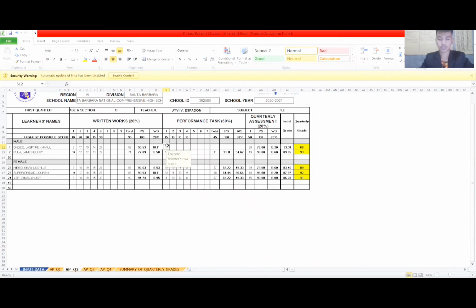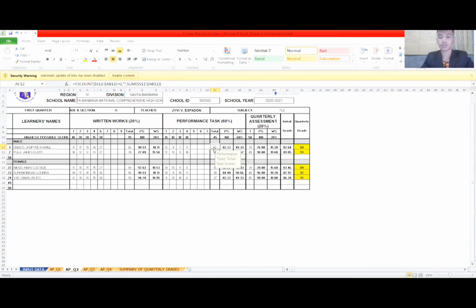So here in the performance task, we have 4 tasks. So let's just put here Mr. Ongko's scores: 12 out of 15, 9 out of 10, 7 out of 10, and 9 out of 10. Okay. So Mr. Ongko's total score in the performance task is 28. The total score of the performance task that I'm giving to you is 45.